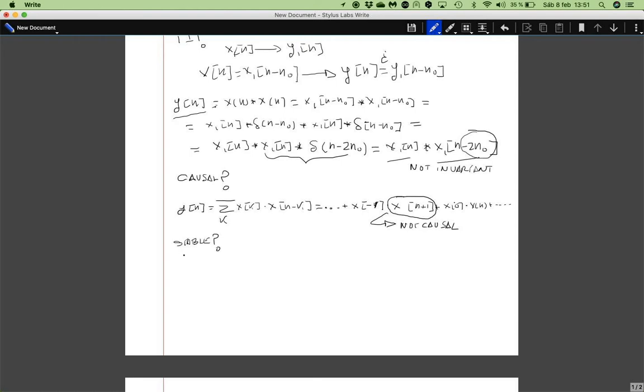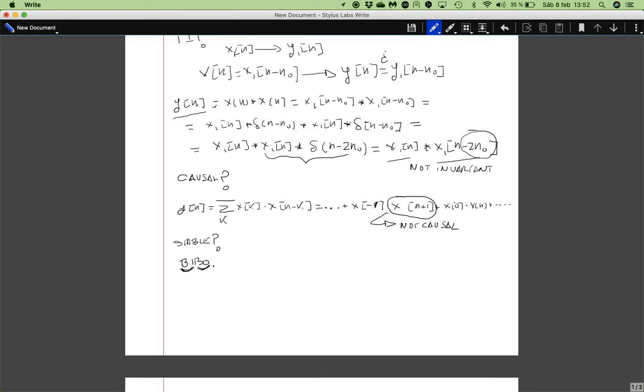It's quite hard always to demonstrate that the system is not stable, or in other words, that if we input a signal that is bounded, the output will be bounded. So stable also means BIBO, which is bounded input, bounded output. So it's very hard. Again, most likely the system will not be stable. It's quite hard to demonstrate mathematically that if the input is bounded, the output may be not bounded.